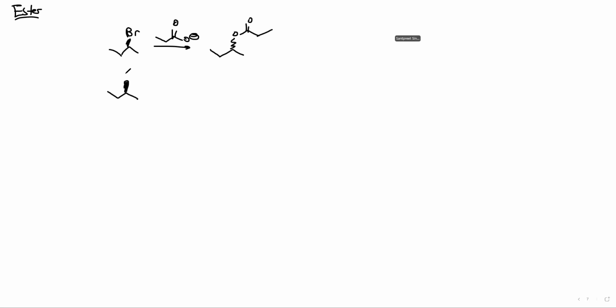I could do the same reaction with bromine, but use an SN1 substrate, where SN1 racemizes, so this is racemic. We make the same ester. So SN2 is stereospecific, SN1 is not, but it's how we make an ester.